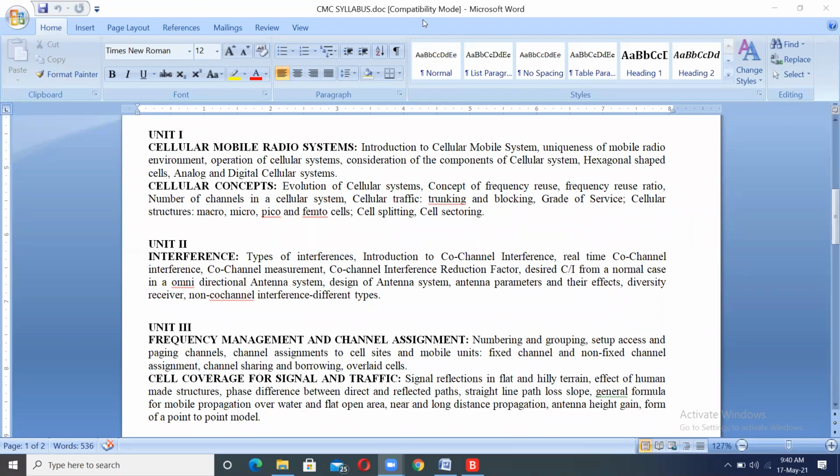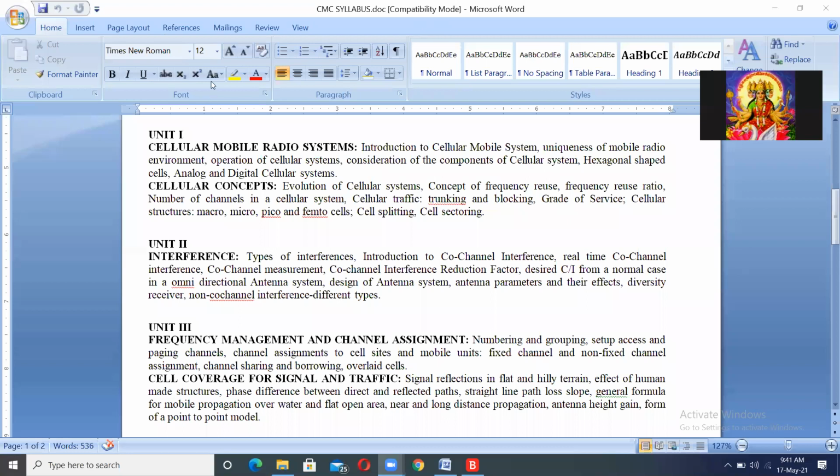That is nothing but the signal coverage and also the traffic coverage. That means the signals ideally cover the entire cell, that is 100%. Now, what are the different techniques? That means human-made structures and also natural structures. How the signals propagate through these structures, all these come into the picture in this unit and this chapter.